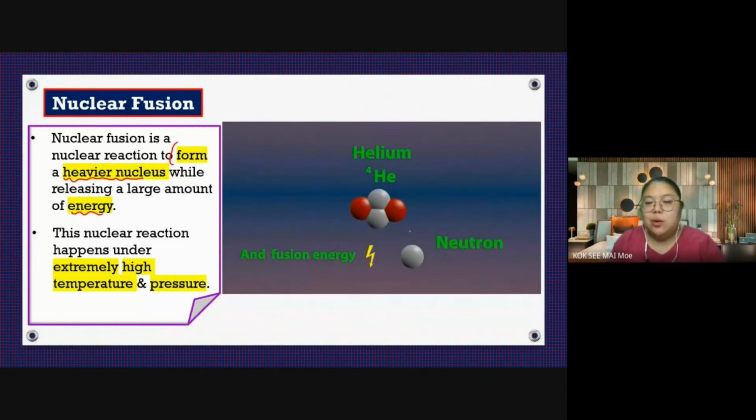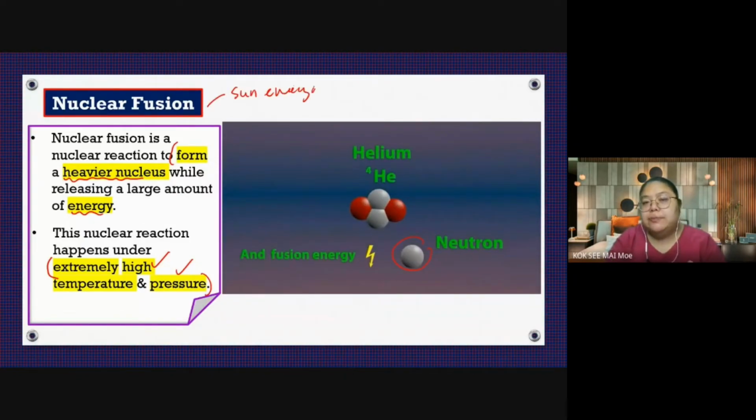Then after that, a neutron comes out. This nuclear reaction happens only under extremely high temperature and pressure. So that means it does not simply happen. You never say, oh, I burn, then it can happen already. No, this one needs high temperature and must also have high pressure. So normally in power stations, we never use nuclear fusion, because nuclear fusion sometimes needs the sun's energy, solar.